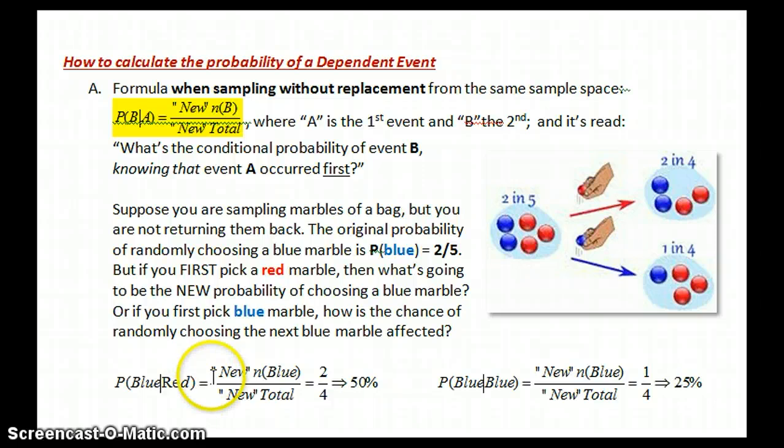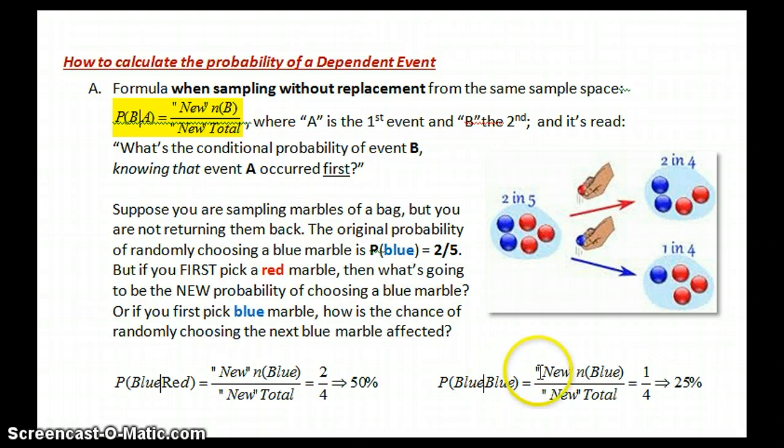If we follow the formula, it was originally 2/5, but what's the new numerator? Well, it remains intact, it's just 2, but the new total decreased from 5 to 4, so the new probability is 50%. Likewise, take a look at this example here. What is the conditional probability of randomly choosing a blue marble, knowing that a blue marble was already chosen?